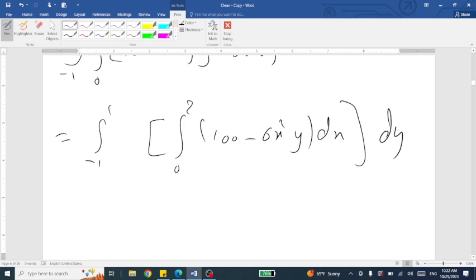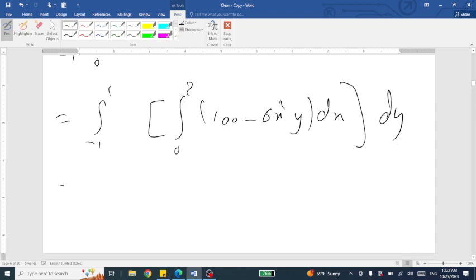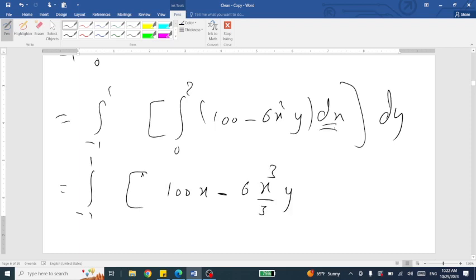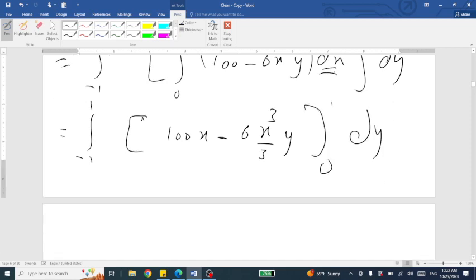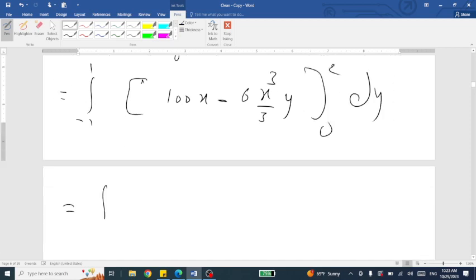Now 100 is equal to what? 100x minus 6x cubed over 3y, am I right? Why? Because we are integrating by dx, so y is a number. Then dy from 0 to 2, clear?